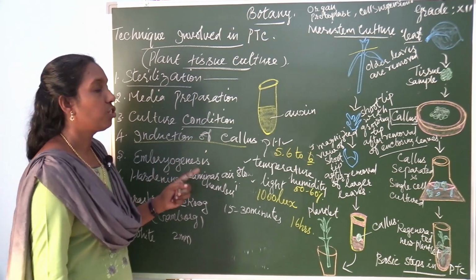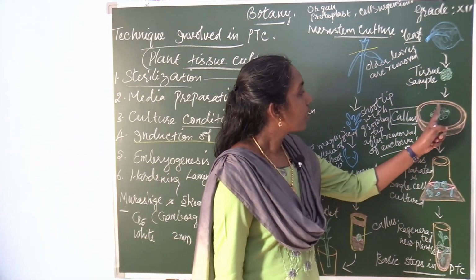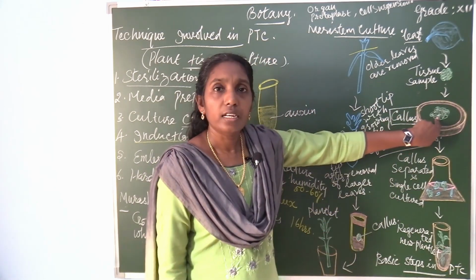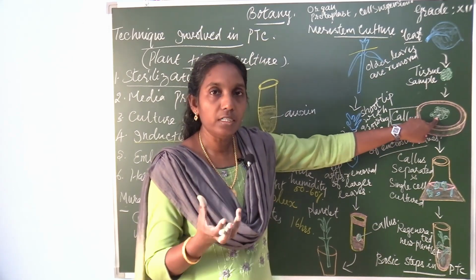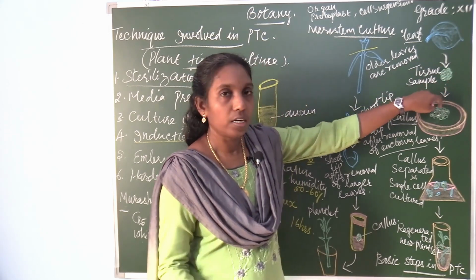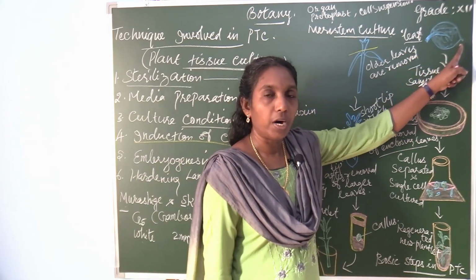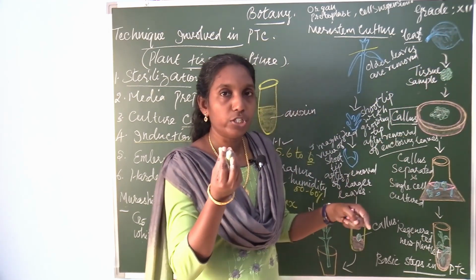Now, induction of callus. Look at this diagram. Here is the callus. Callus is an undifferentiated mass of unorganized tissue. From a single cell or a few cells selected from the leaf, the part of the plant taken as the leaf, there are a few tissues.